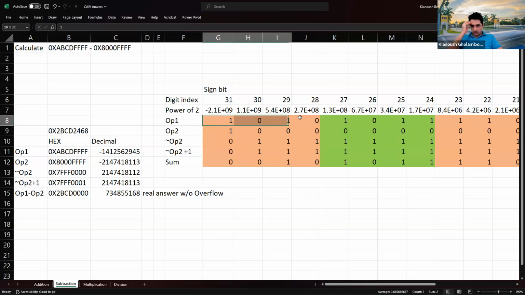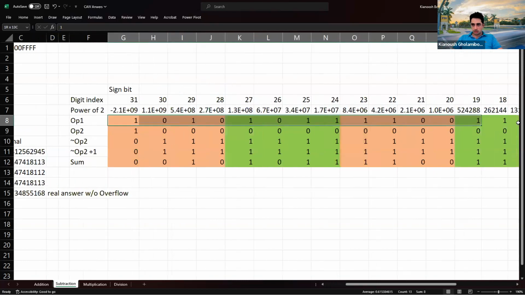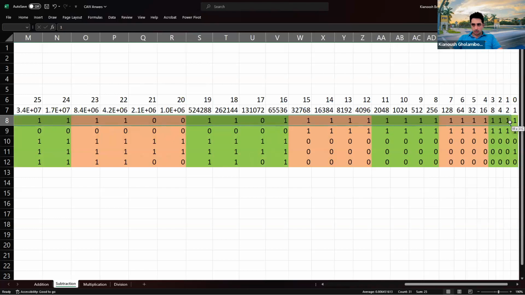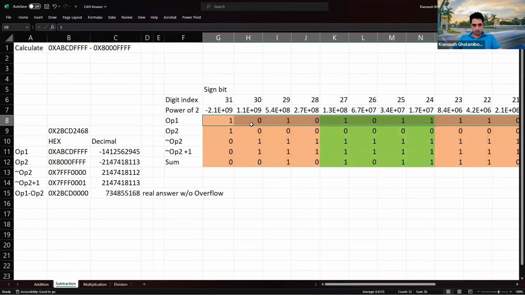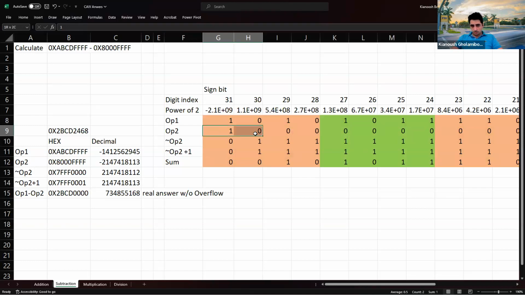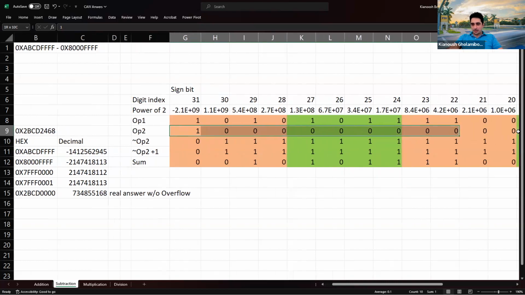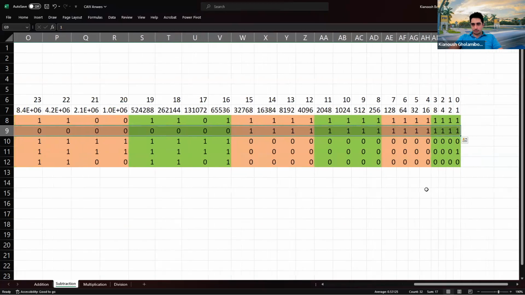A is 1010, and then B, C, D, F, F. If you go forward, you will see all of that, right? I don't want to explain all the details, otherwise it's going to be a very long video. Then you need to do the same thing for operand 2.